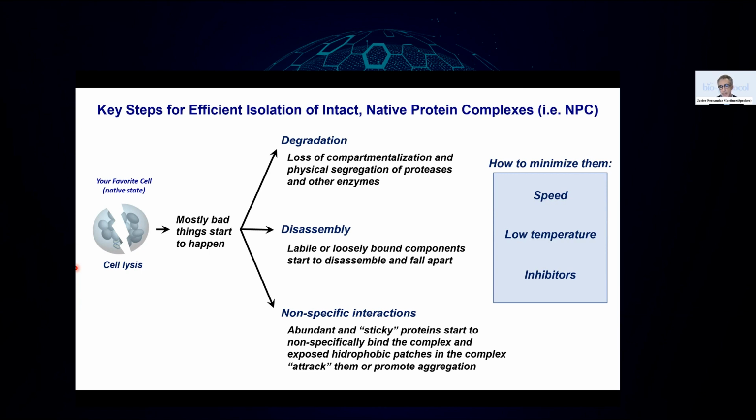All these processes are going to be at their worst in those long purifications. Second, try to keep the temperature always low. And another option to prevent especially degradation is the use of inhibitors, protease inhibitors, phosphatase inhibitors, any type of chemical that can prevent some of these effects from happening. It's usually something interesting to test in your complex.